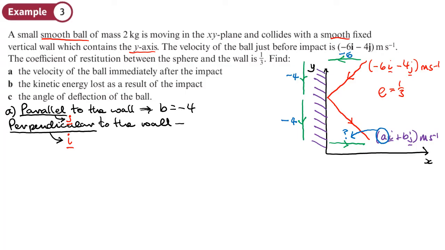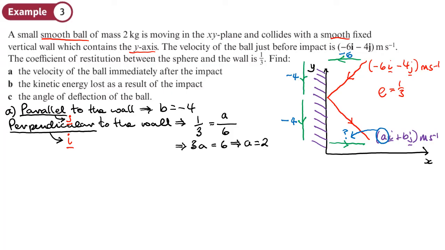I know that the coefficient of restitution, which is 1/3, will equal the component of rebound, which is the bit I'm trying to find, a, divided by the component of approach, which is 6. So from that I will get 3a equals 6, so that means that a is 2.